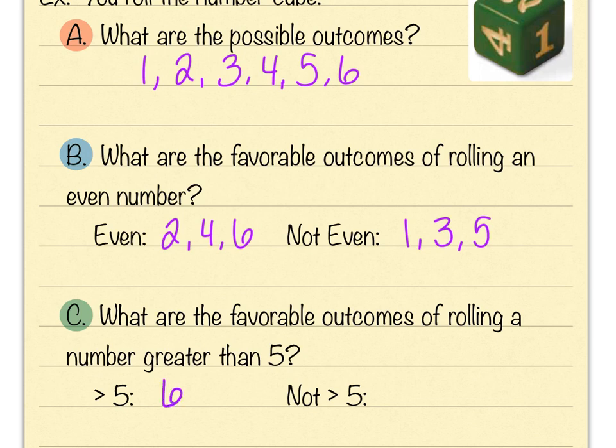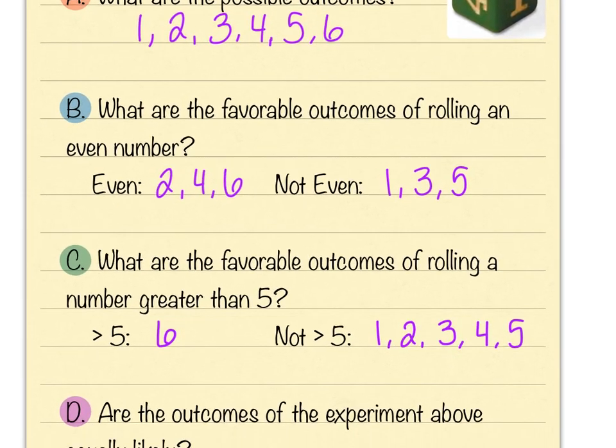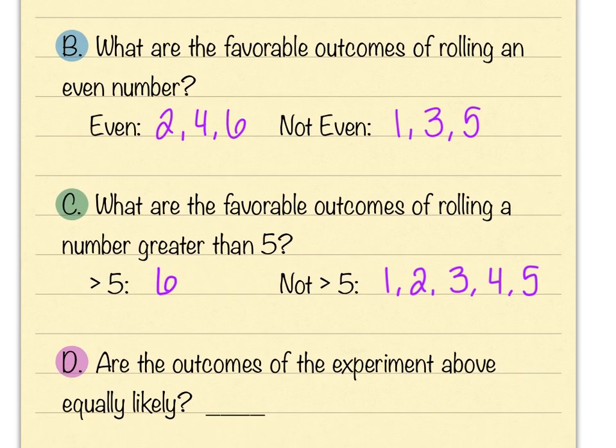So there's only one of those favorable outcomes. And then all the numbers that are not greater than 5: 1, 2, 3, 4, and then even 5, because 5 is not greater than itself. It's equal to 5, so we have to list it there as well. And then for part D here, it says, are the outcomes of the experiment above equally likely?